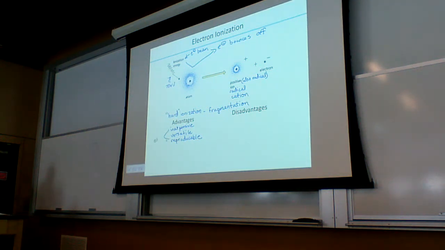All of this means that it's relatively easy to do electron impact ionization. Another advantage is that you get fragmentation.